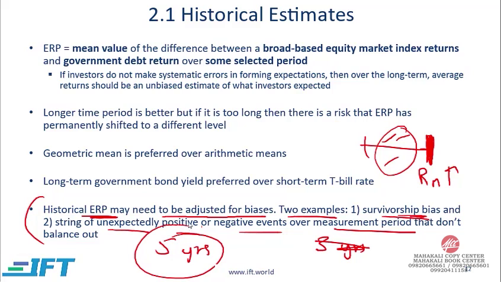So over the last 5 years, equity returns have been lower than historical averages. Is that possible? It is. If that has happened, so we've had a string of unexpectedly bad years based on unexpectedly bad events, then what will that do to the market returns? The market returns will be biased downwards, so the equity risk premium will be biased downwards.